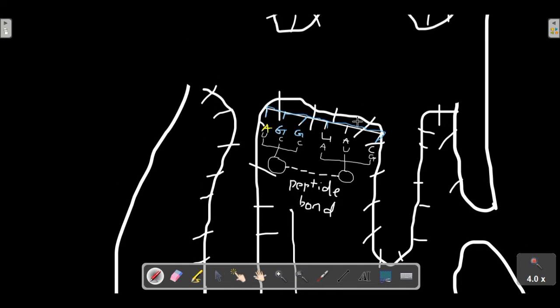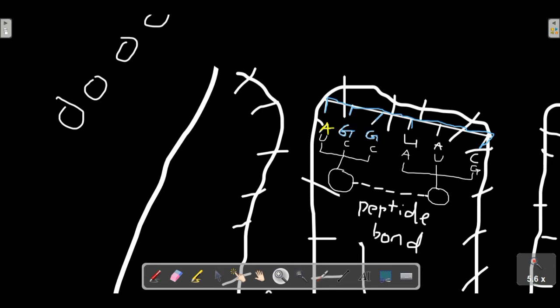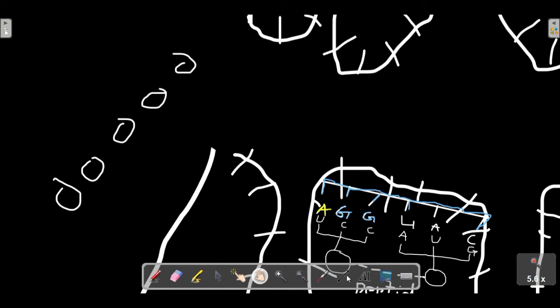And of course you have plenty of amino acids being bonded by this type of bond, which we call the peptide bond.